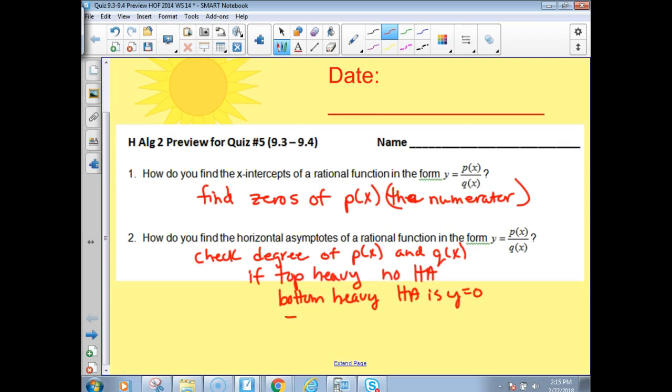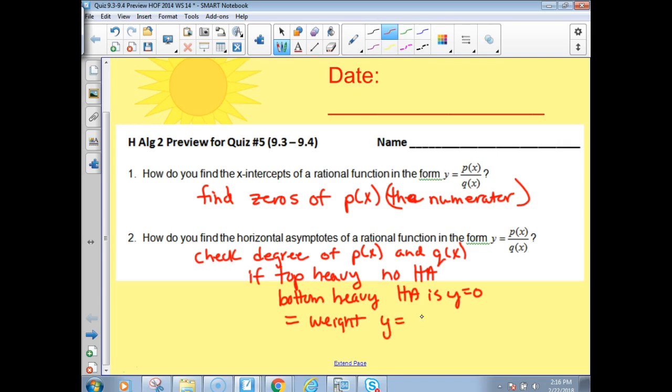And if it's equal weight, okay, y equals the leading coefficient. Oops, let me write that carefully. My pen was going crazy.